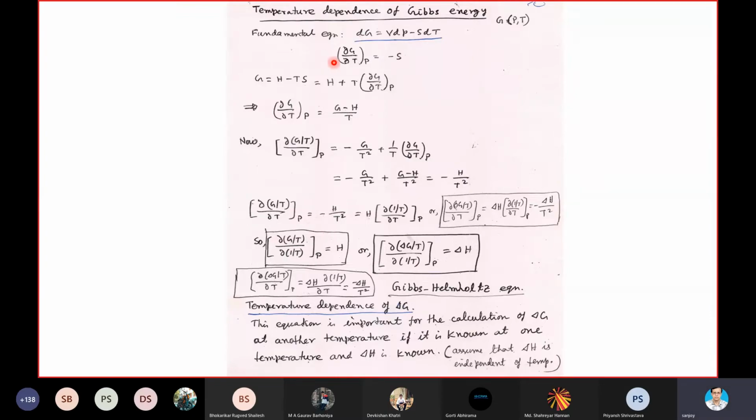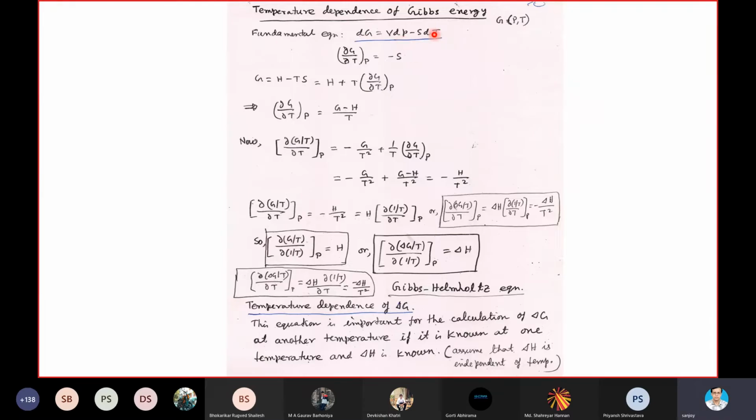Now you see in this fundamental equation, Gibbs energy change depends on VdP minus SdT, that means pressure and temperature. In this particular case, we wanted to know how G changes with temperature, so we kept pressure constant. Now we can use the same expression to find how Gibbs energy changes with pressure.